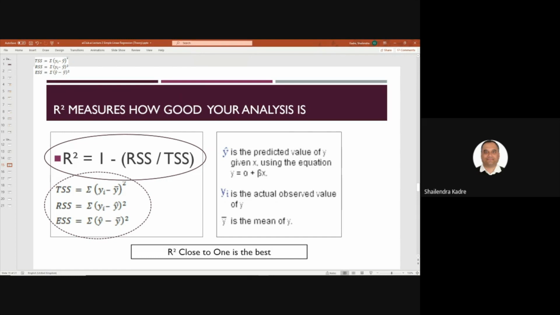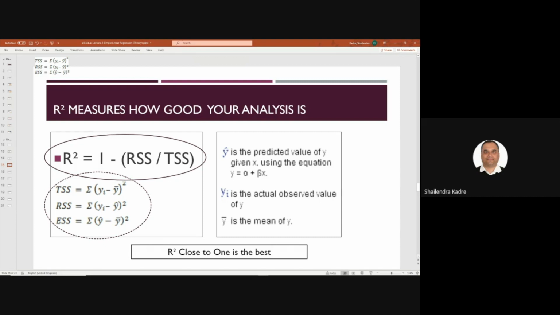In absolute practice, when data science professionals talk, any value of R square above 0.8 is acceptable. Sometimes they call 0.8 as 80%, and 0.9 they call 90%.